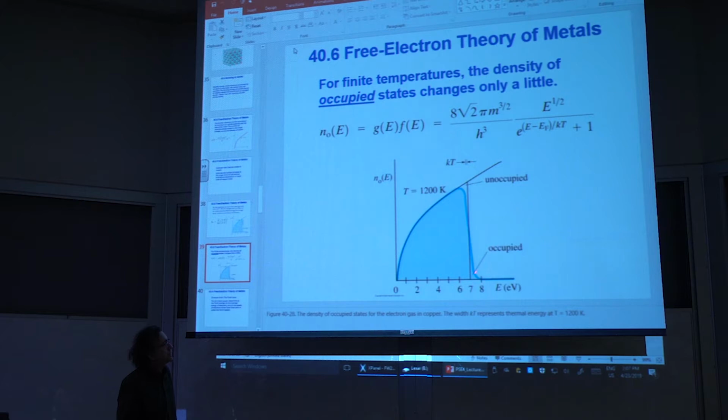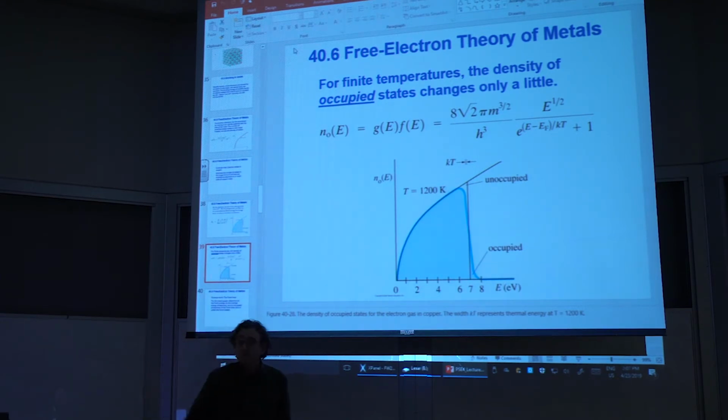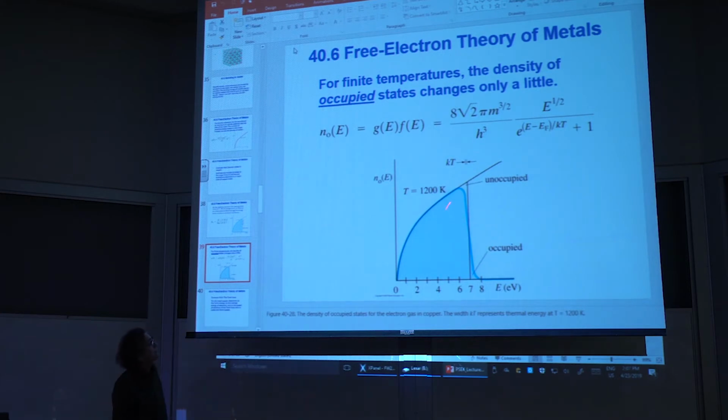So we do get some population above here. And keep in mind, this Fermi energy is the energy of the last electron in the lattice. It's the highest energy of all the electrons that can exist in the sample, which we did a derivation of.